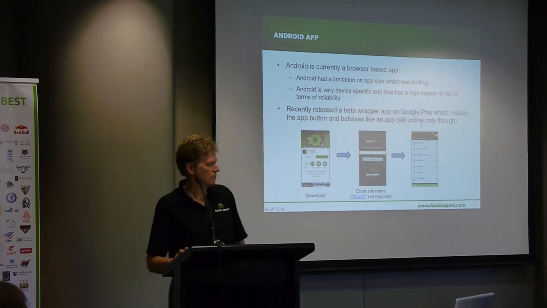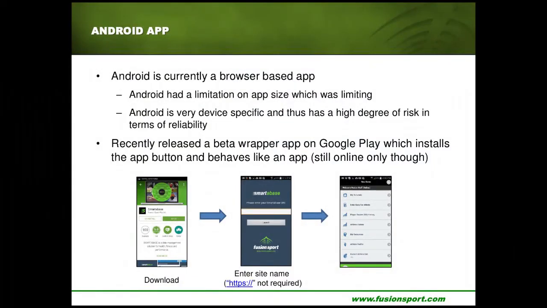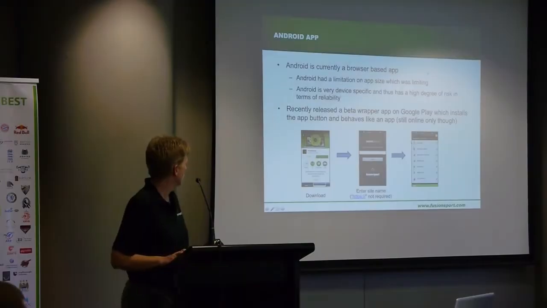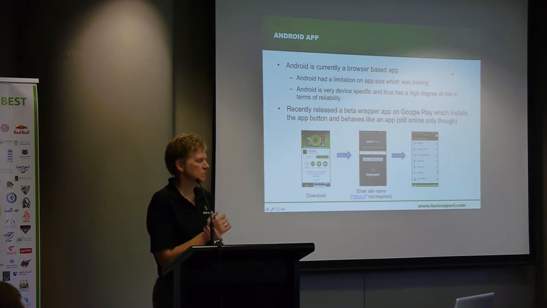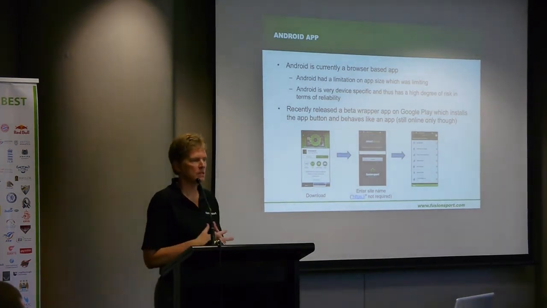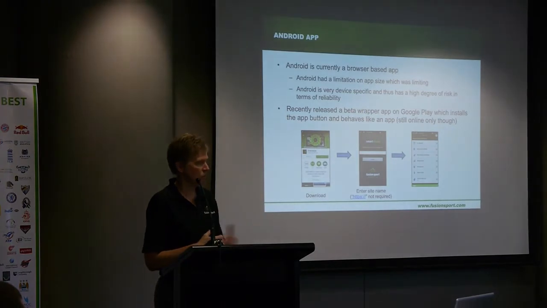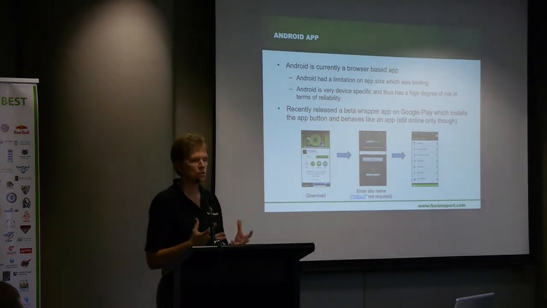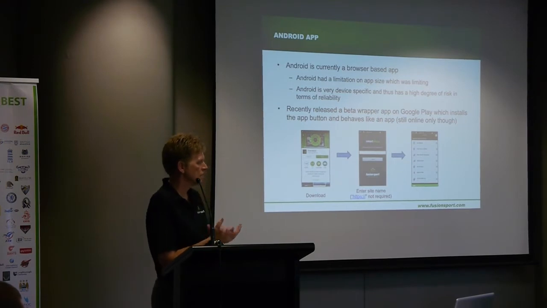So the Android app, as I mentioned, is a wrapper that we have out there right now. The limitations that Android has didn't allow for a large database to be downloaded. Now they've changed that, so that we can actually download a larger database size based upon the number of athletes and the information we're trying to get down to the mobile platform.